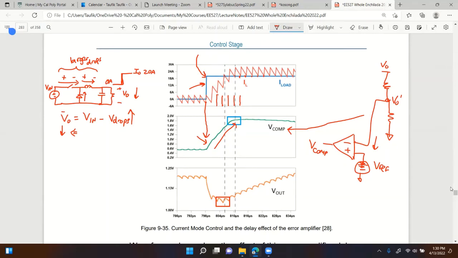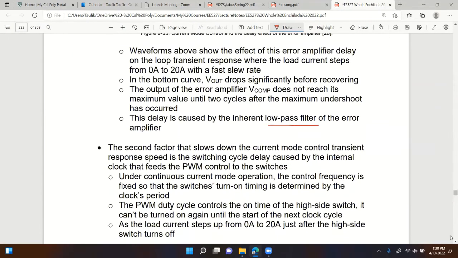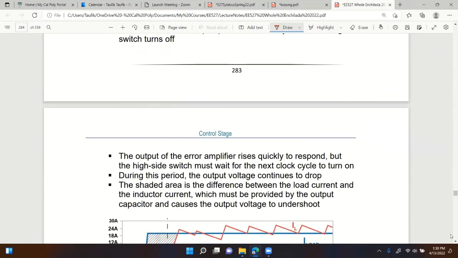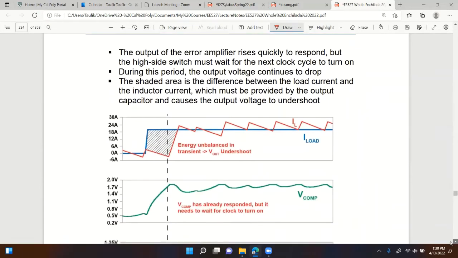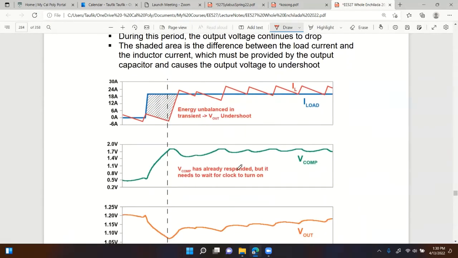Now this could be a disadvantage, especially when the change is introduced after we turn on the switch. So after we turn on the switch, let's say we introduce the step change. So that's the same step change, right?